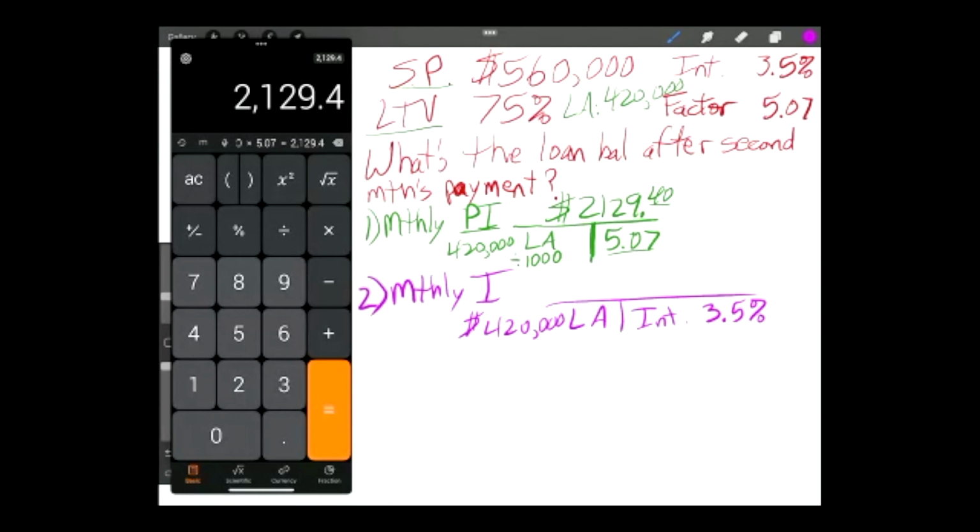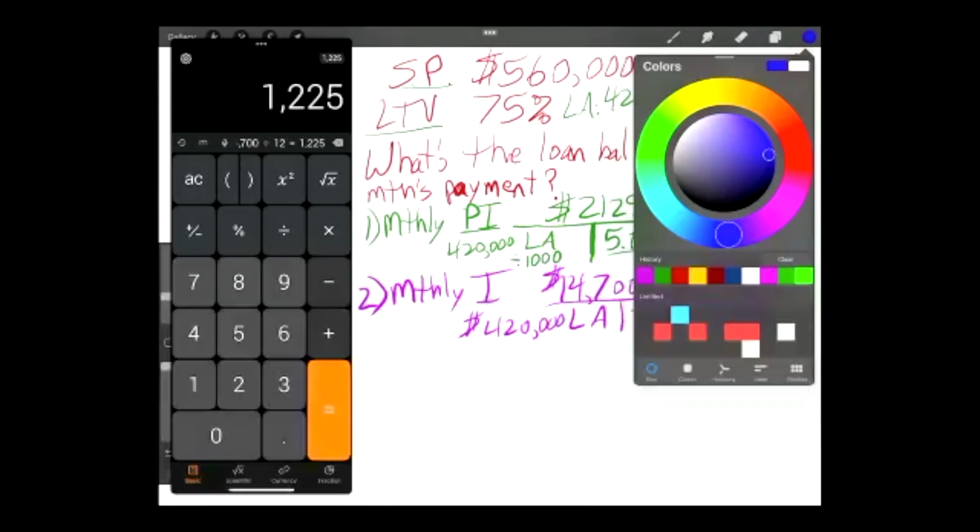So if we take our 420, that means our annual interest is 14,700. We need to turn that into monthly. So our monthly interest is 1225.